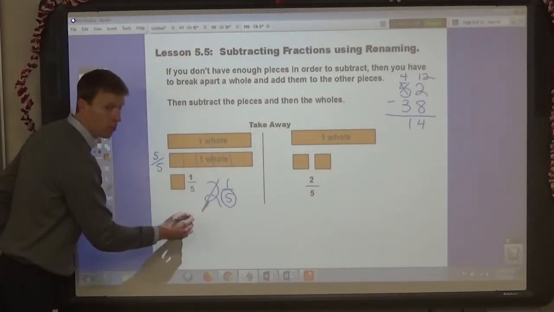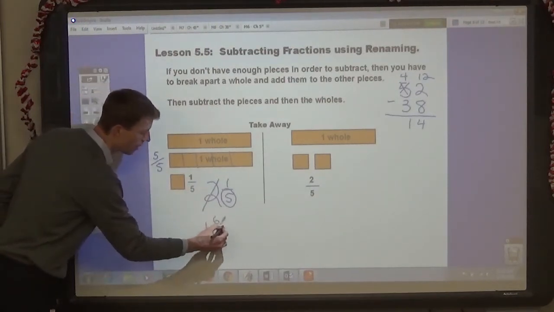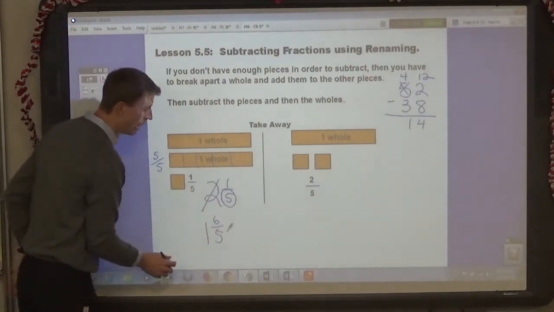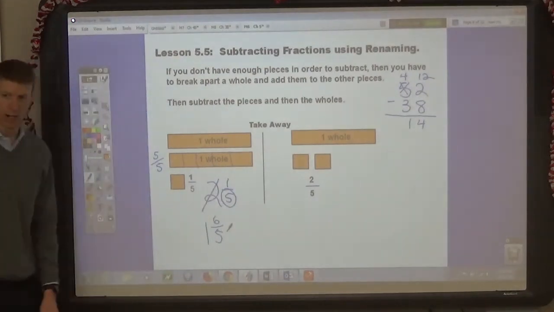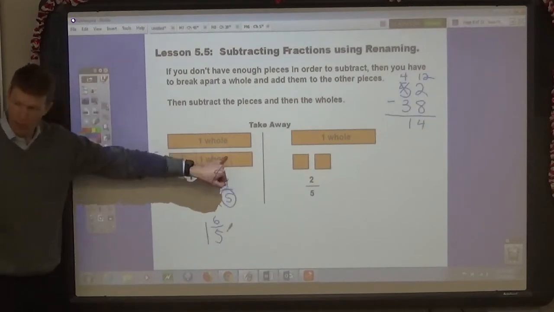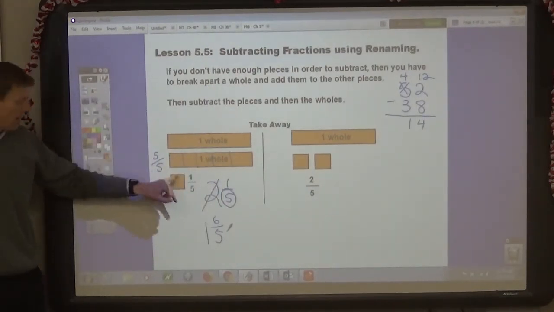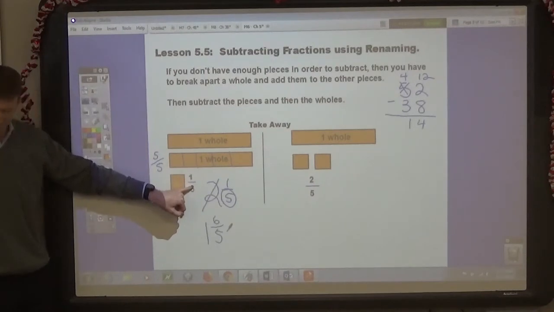But we don't have 2 anymore. We have 1. You took away the whole, and 6 fifths. We renamed this number. So 1 6/5. Okay? Do you see what we did with this whole? Cut it into 5/5 and add it to the 1/5.